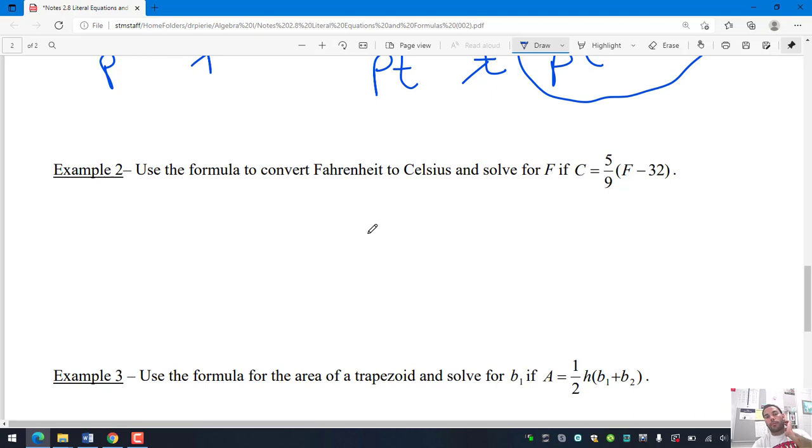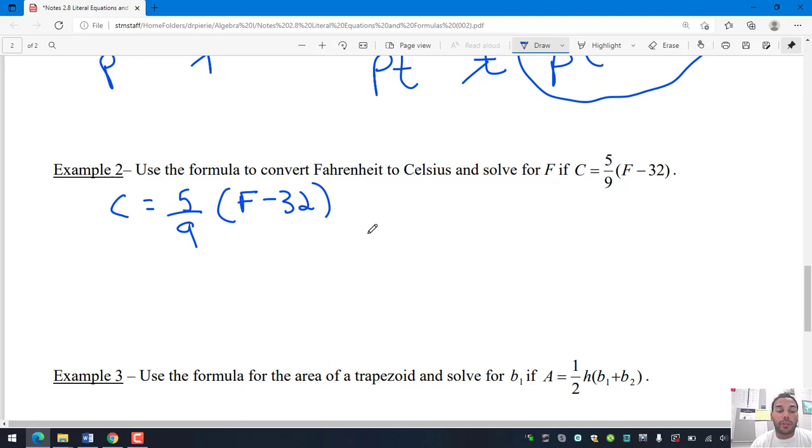Okay, let's do another example. We're going to use the formula to convert Fahrenheit to Celsius, and we want to solve for F. We want to get F all by itself. A little bit ugly here, but we see C is equal to 5/9 times the quantity F minus 32. Our end goal here is we want to get F all by itself. So what should you do here?